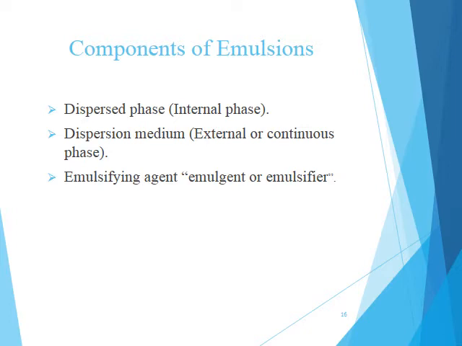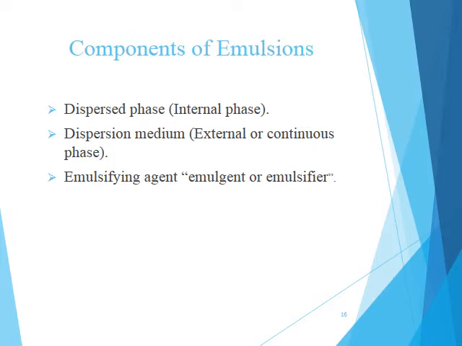These are the disperse phase, or the internal phase, and the dispersion medium, the external or continuous phase, as I mentioned previously. And the other important component is the emulsifying agent, or the emulgent, or the emulsifier. This is the agent responsible for the emulsification process.